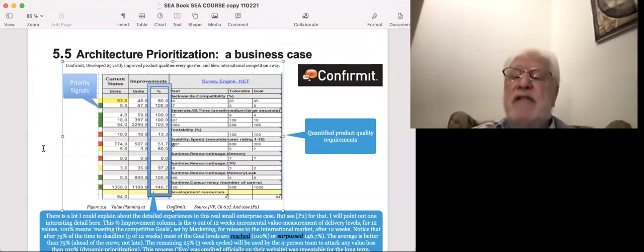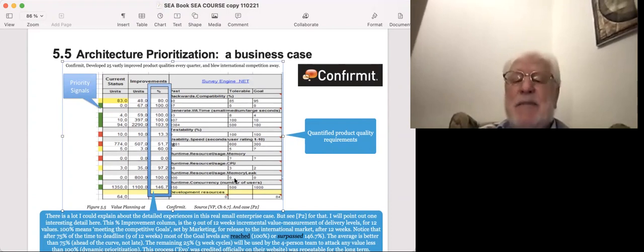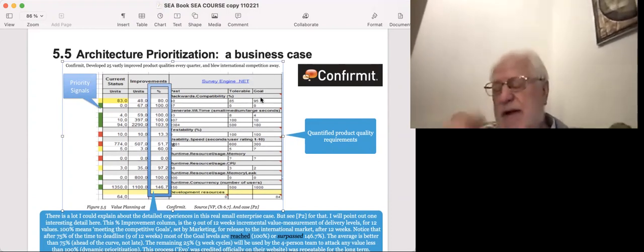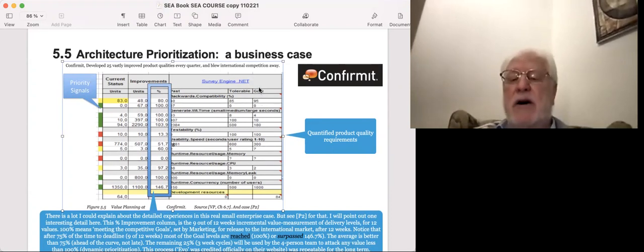And we need more sophisticated methods, and I'm suggesting all stakeholder values are quantified. And minimum levels are stated, as well as final success levels. The architect's job is to guarantee the minimum levels with architecture, and pretty much guarantee, but maybe have to adjust things as you go along, reaching the goals on time.